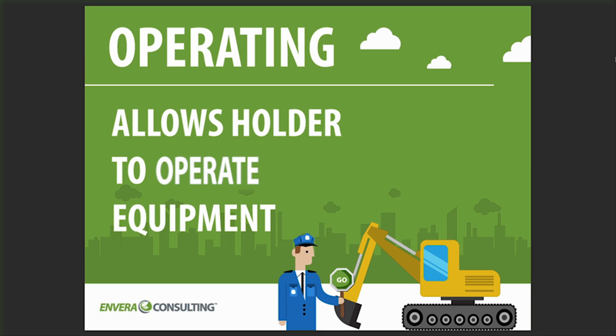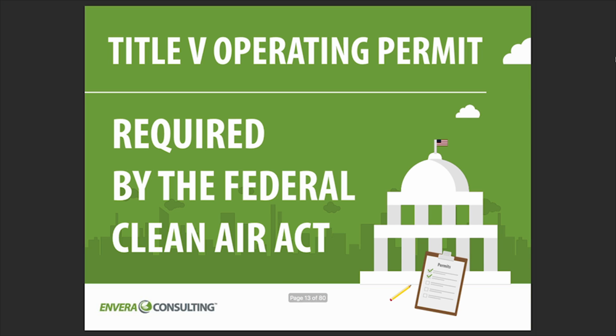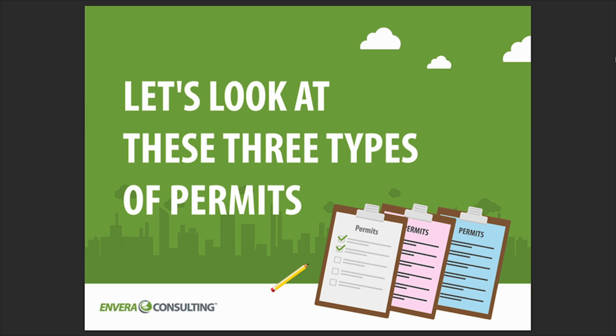Now, the second type of air permit is an operating permit, which allows the holder to operate the piece of equipment. And then number three, you have Title V operating permits or federal operating permits. And these permits are required by the Federal Clean Air Act. And so let's take a look at these three types of permits in a little bit more detail.